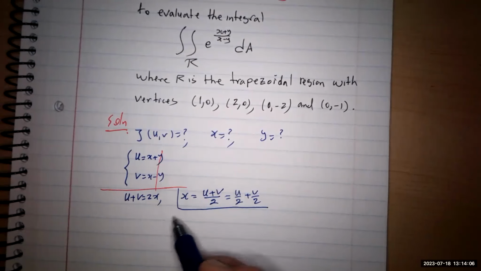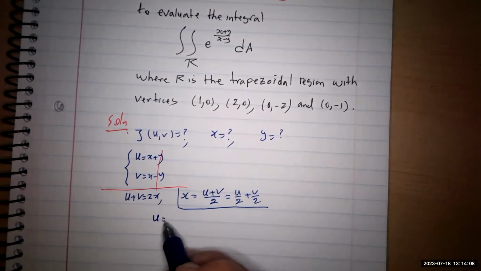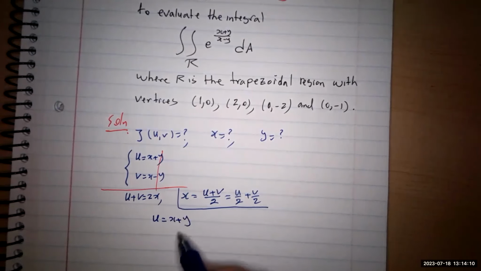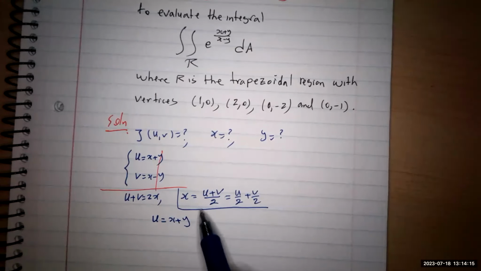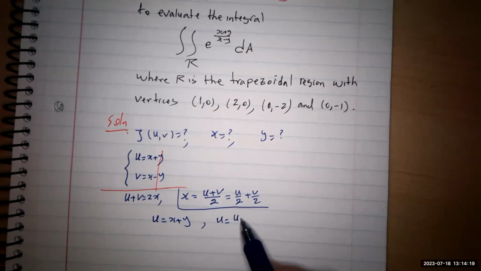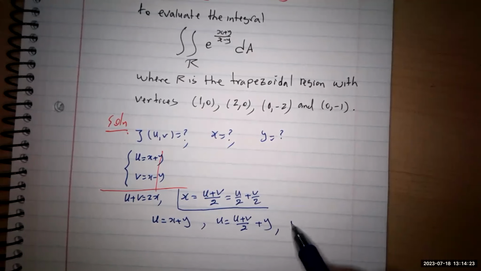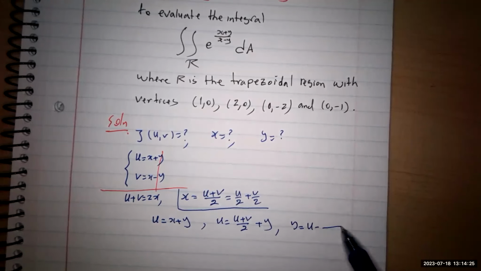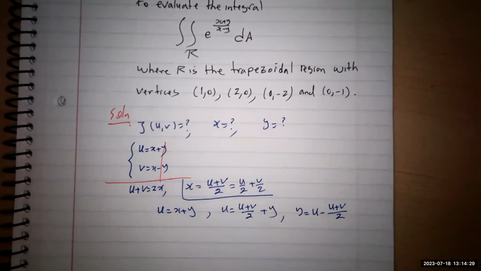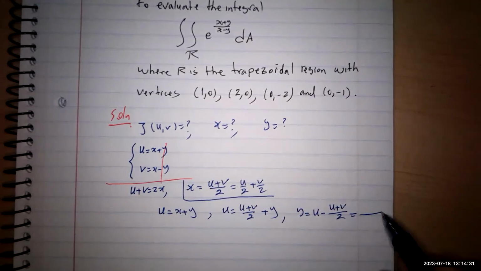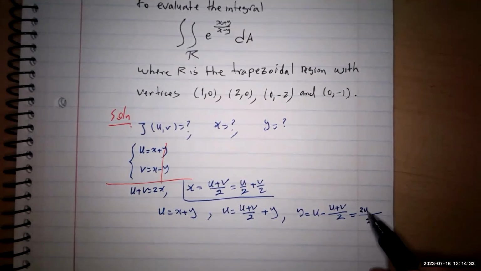This is going to be u equal to x plus y. So u would be (u plus v) over 2 plus y. So y would be u minus (u plus v) over 2. The common denominator gives you 2, so you get (2u minus u minus v) over 2.